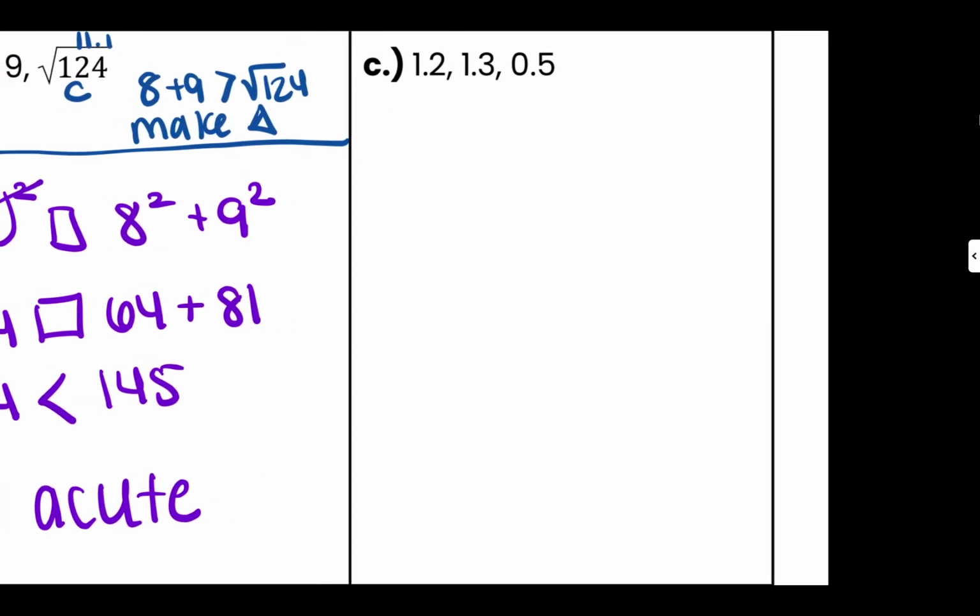Okay, last one. Let's just double check and make sure this makes a triangle. So 0.5 plus 1.2, that's greater than 1.3. So this makes a triangle.